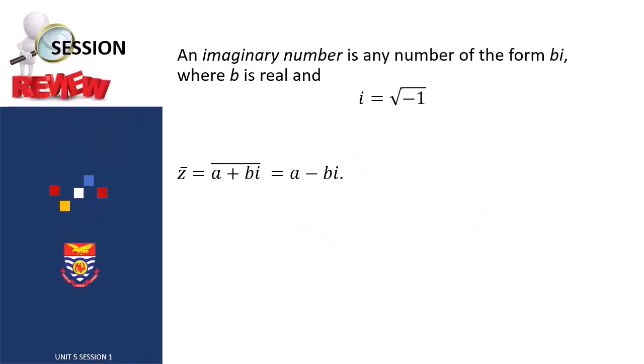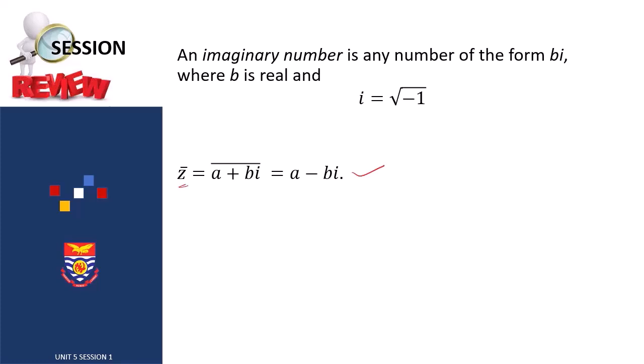Okay, so section review. In this section, we looked at an imaginary number, and we said that it's a number of the form bi, where i is the square root of negative 1. And we also looked at the complex conjugate, where we denoted z by a plus bi, we put the bar on top, so the conjugate of this z is actually equal to this.